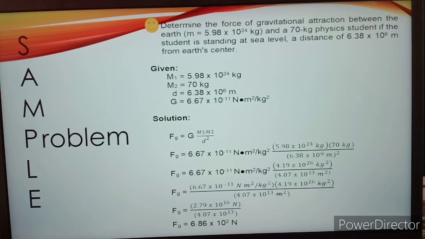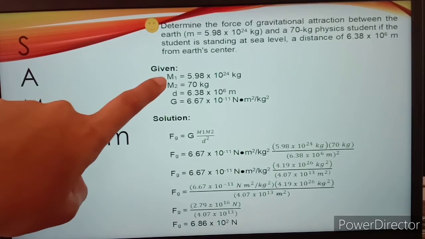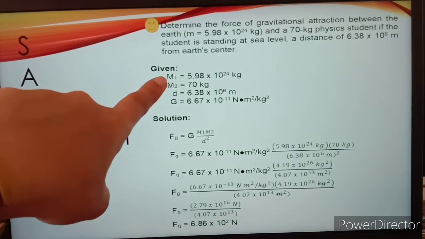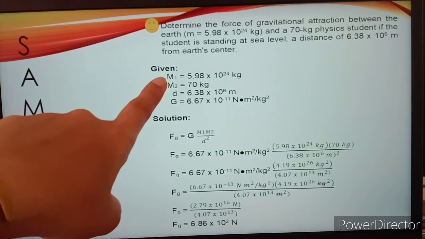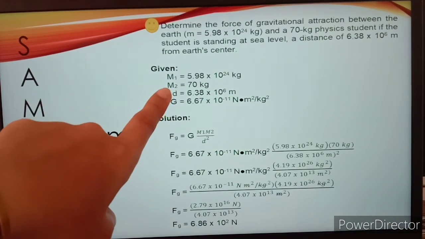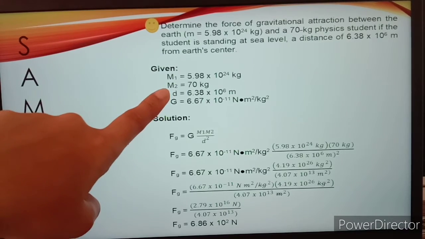We have here the given masses. The Earth will be our m sub 1, which is equal to 5.98 times 10 raised to 24 kilograms. The mass of the physics student will be our m sub 2, which is equal to 70 kilograms.